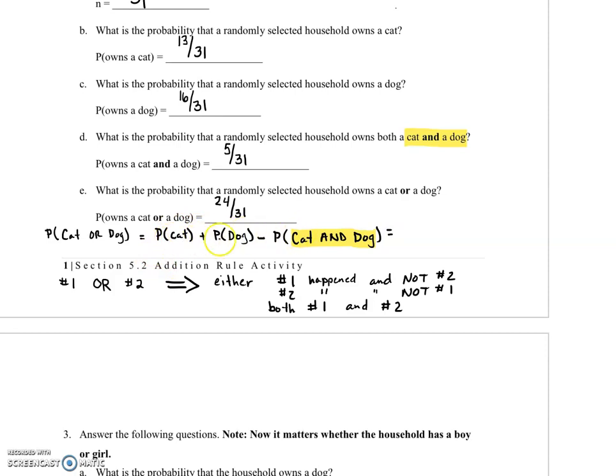We've already calculated all of these probabilities in parts B, C, and D. So we have 13 over 31 plus 16 over 31 minus 5 over 31. And if you put that in the calculator, you do indeed end up with 24 over 31. So good. We've worked it both ways now.